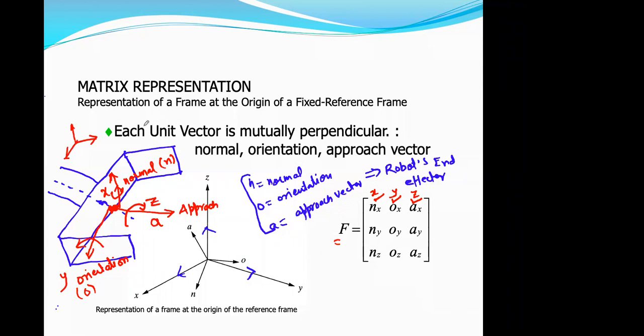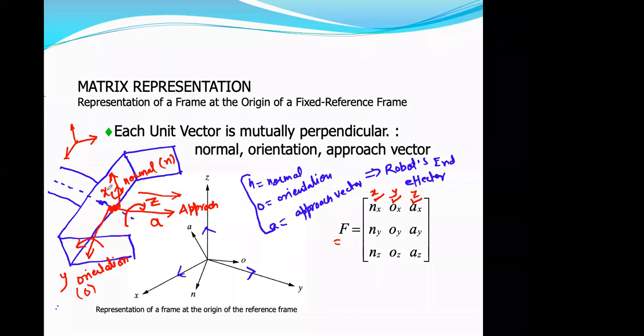Because until we assign the robot frame to the end effector, we cannot diagnose the kinematics. So what is the z vector called? The approach vector: whatever motion is in this direction will be called the approach vector.